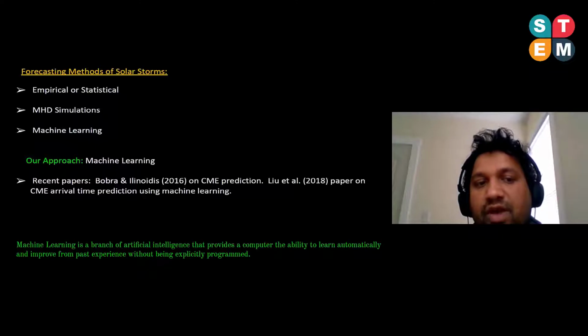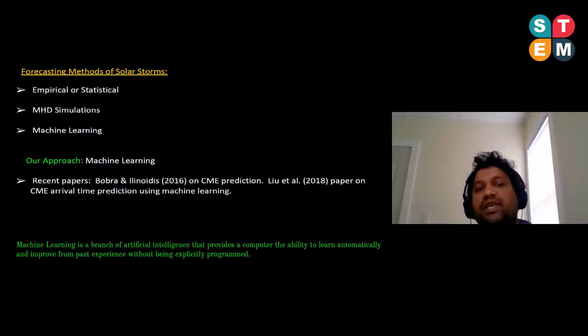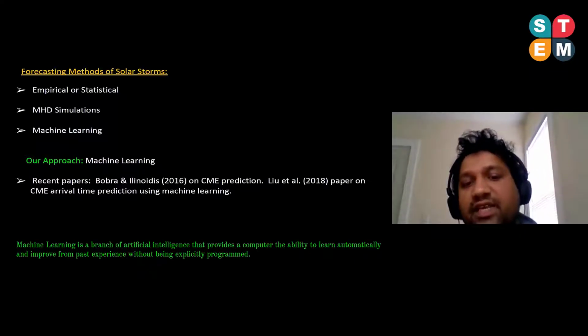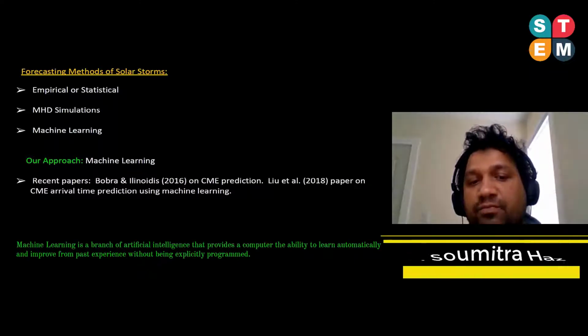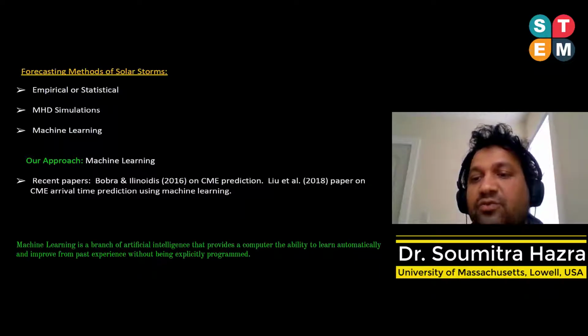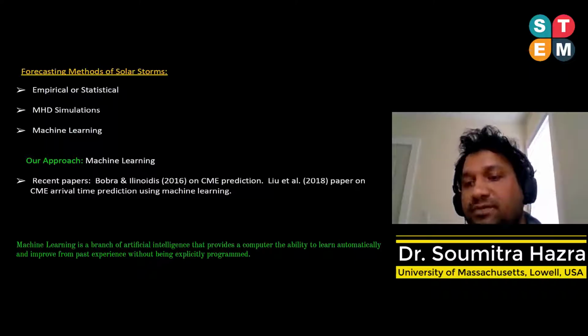Now I will say something about the machine learning part. Machine learning is basically a branch of artificial intelligence which gives a computer the ability to learn automatically and improve from past experience without being explicitly programmed.